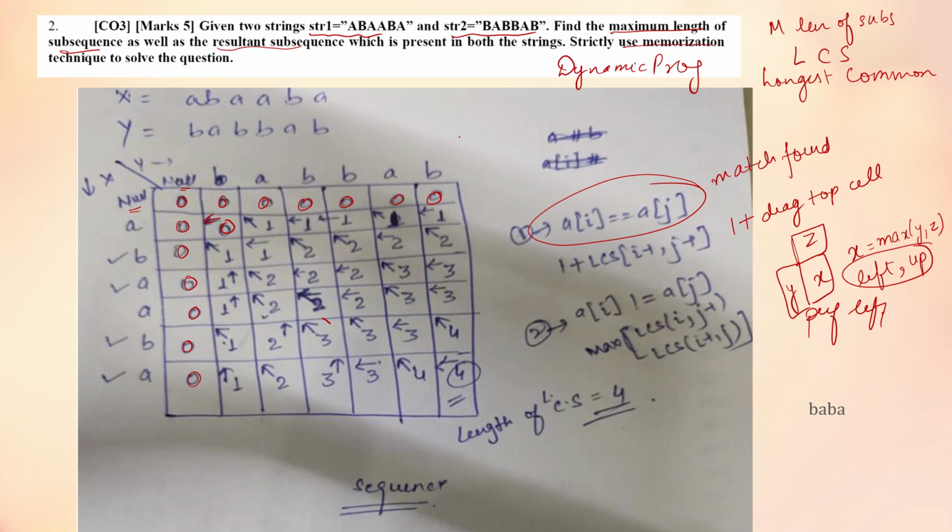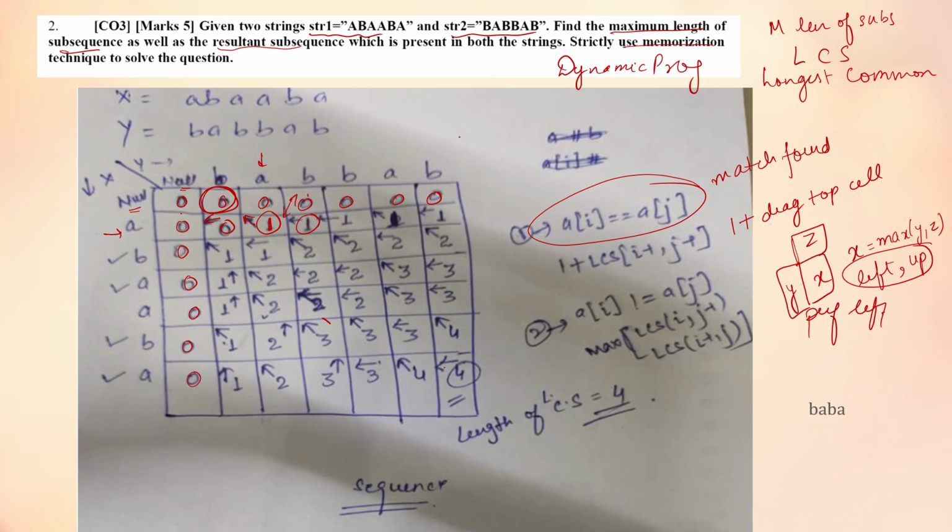Now A from here and A from here, you go to this cell. It's a match. That means 1 plus the diagonal value here, that is 0 plus 1, 1. The arrow goes to the 0 where you've taken the value from. Next, A, B not matching. So the maximum value of left and top is 1.